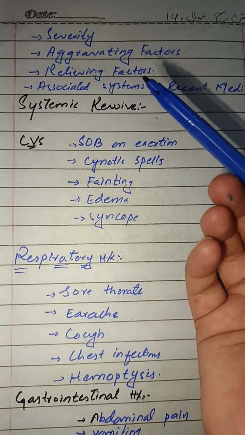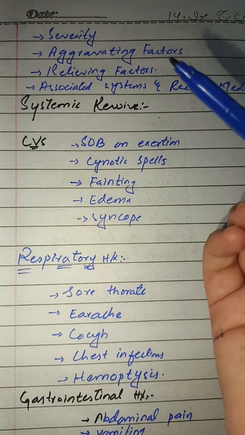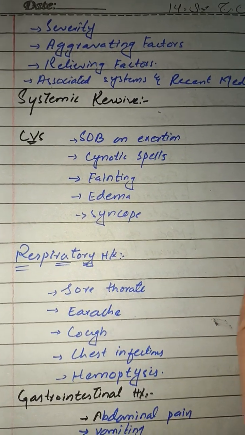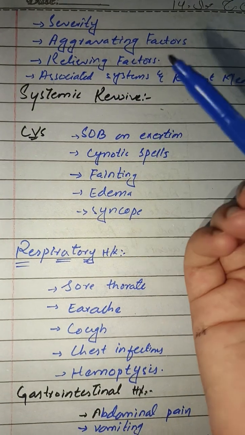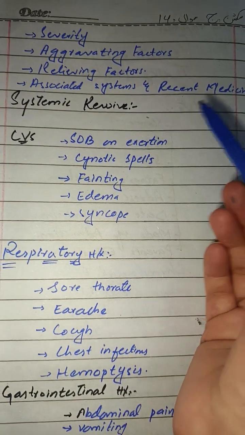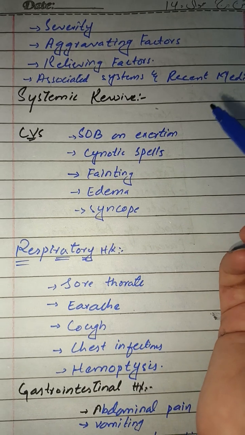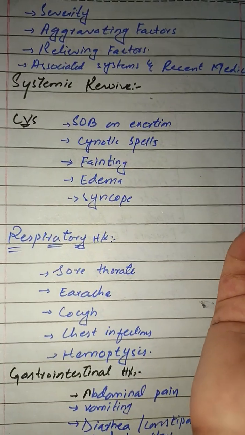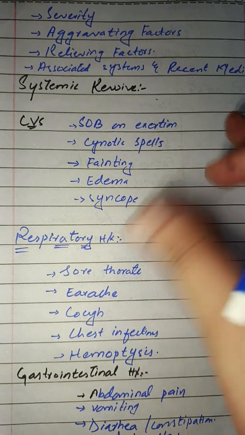The symptoms associated with loose stools are vomiting, diarrhea, maybe constipation, maybe abdominal pain. So I will ask about the associated symptoms and the medication recently used, or whether the patient has ever visited any other clinic or any other doctor before.